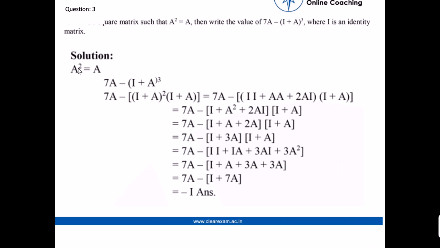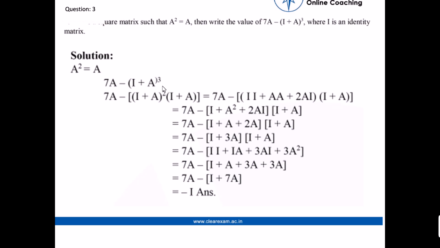So this is given: A squared equals A, and this is also given: 7A minus (I plus A) cube. So we can write this as 7A minus (I plus A) whole square into (I plus A).